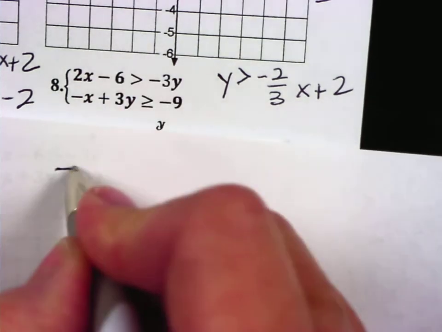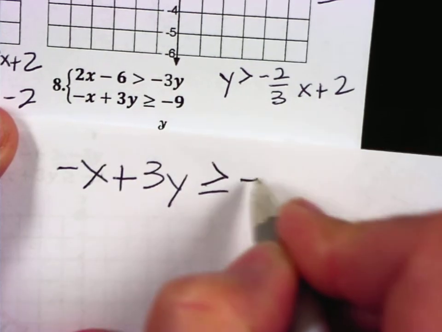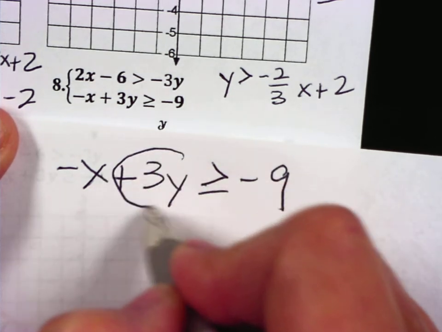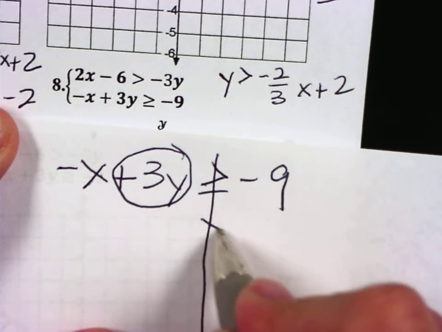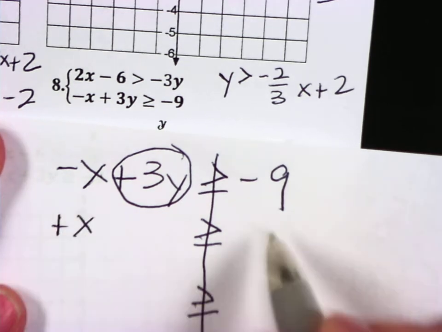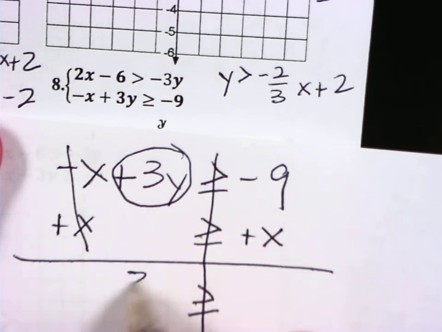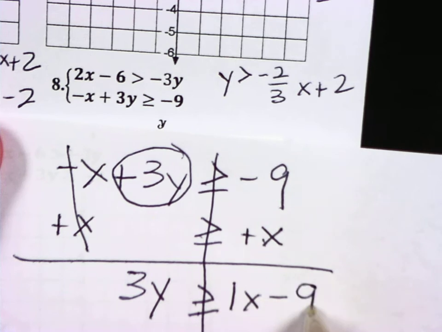Okay, negative x plus 3y is greater than or equal to negative 9. I want to get 3y alone. It's an inequality. I'm going to add x to both sides. Cancel. 3y is greater than or equal to x, and that's 1x minus 9.